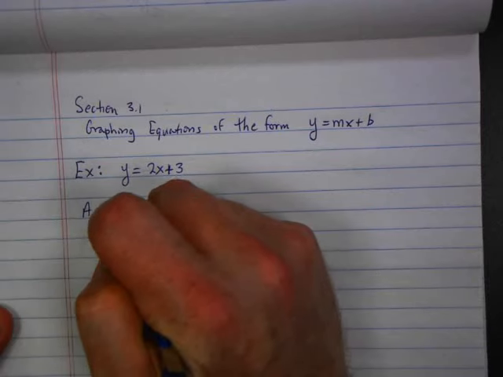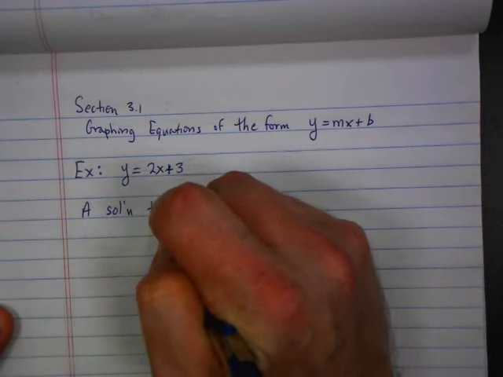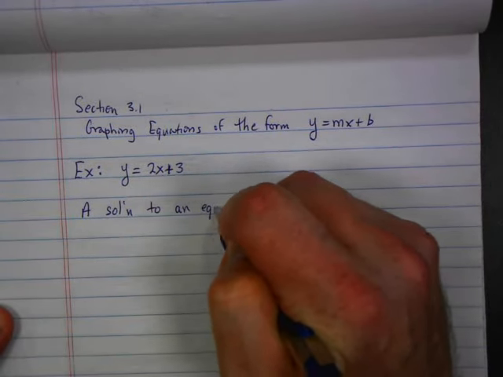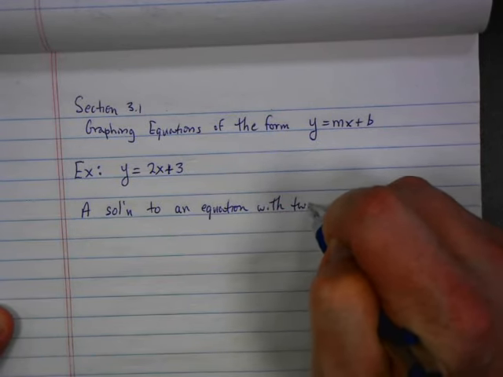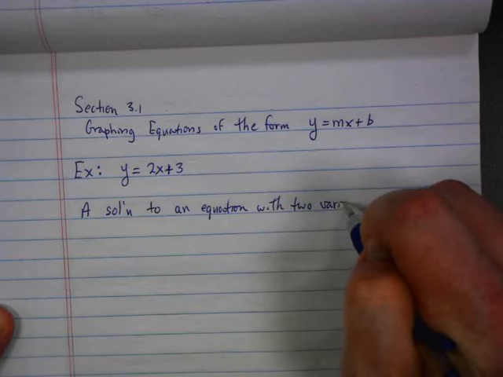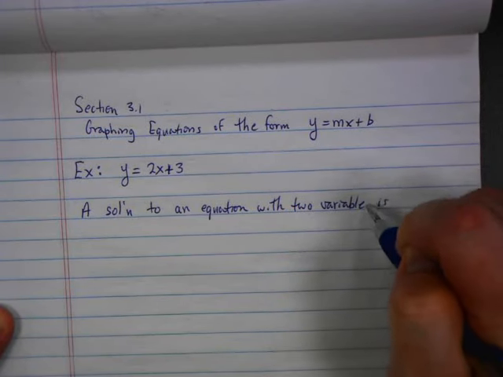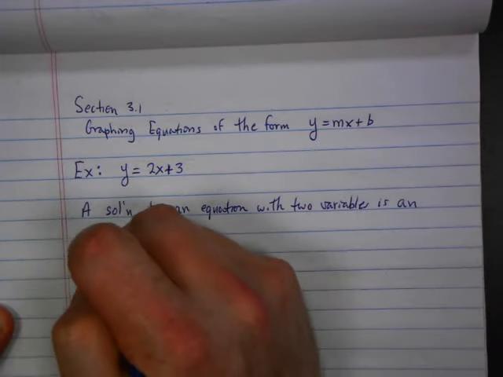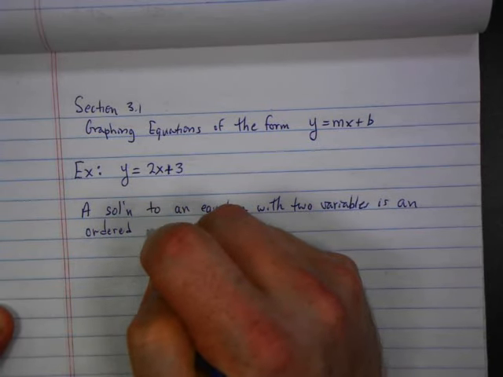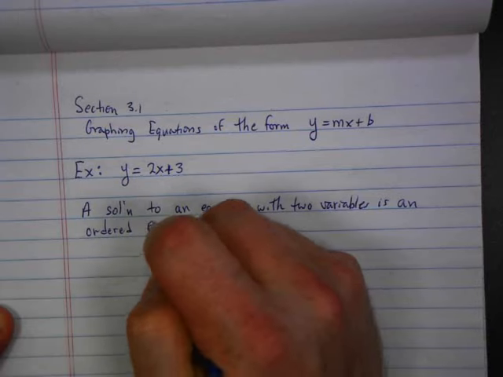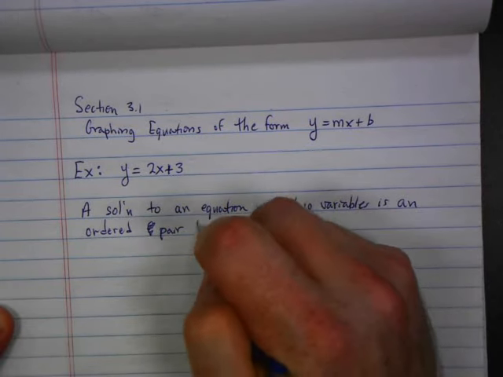A solution to an equation with two variables is an ordered pair that makes the equation true.